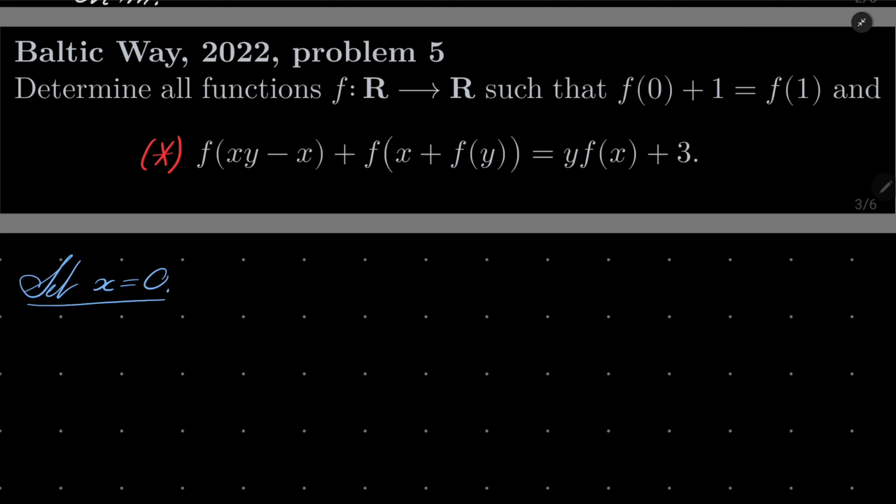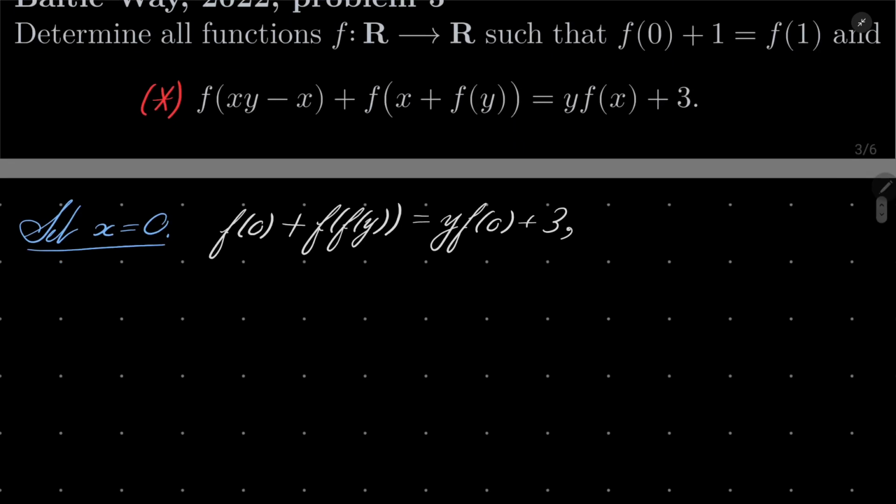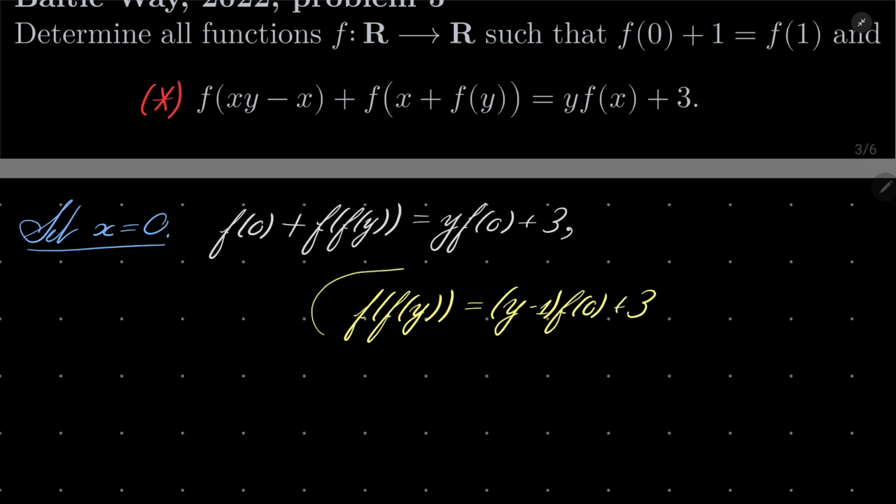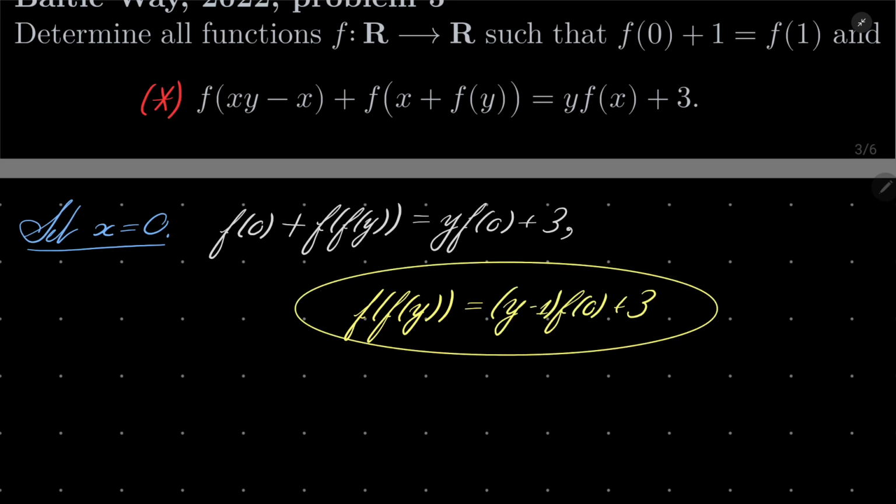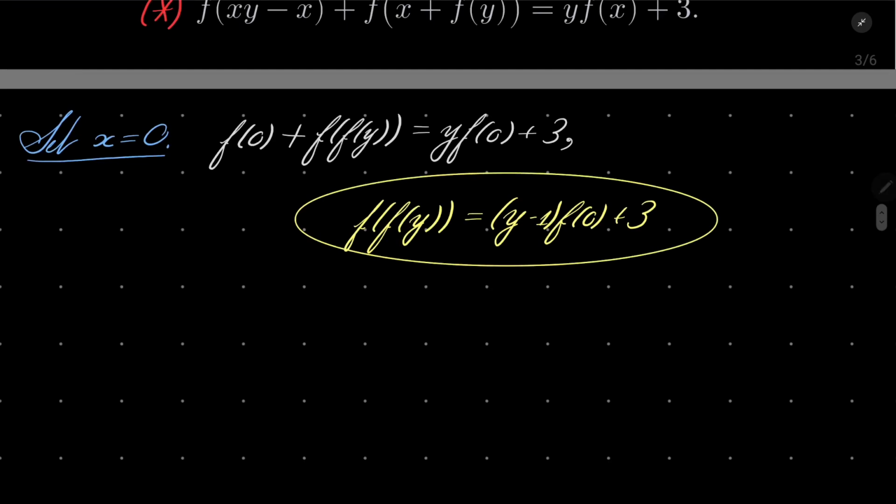Well, we have f of 0 plus f of y equals y times (f of 0 plus 3), and that allows us to write that f of y equals (y minus 1) times f of 0 plus 3y, for every real number y. Very well. We'll use it in a minute.